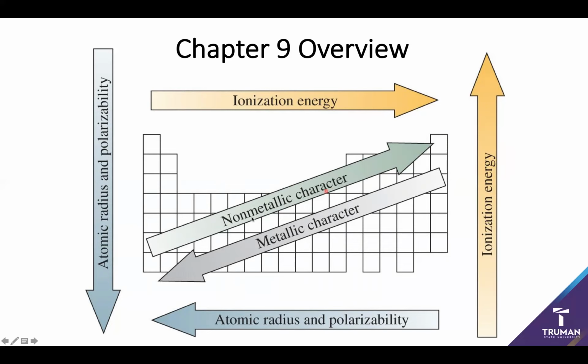Not too surprisingly, non-metallic character tends to go along with these ionization energies, as it's very difficult to remove these electrons. If I have low ionization energies, this tends to correlate with metallic character, as the electrons will pass easily from one element to another.